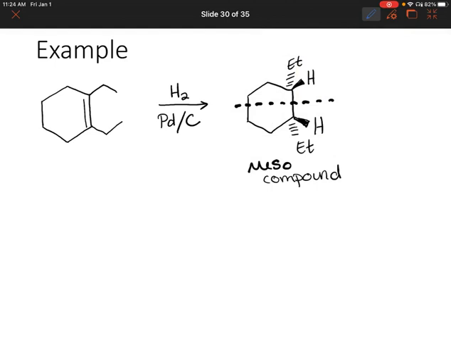Now, another thing just to keep in mind is when we're using a metal catalyst, this is actually called a heterogeneous catalyst. And that's because it doesn't mix with the reagents or the reactants.